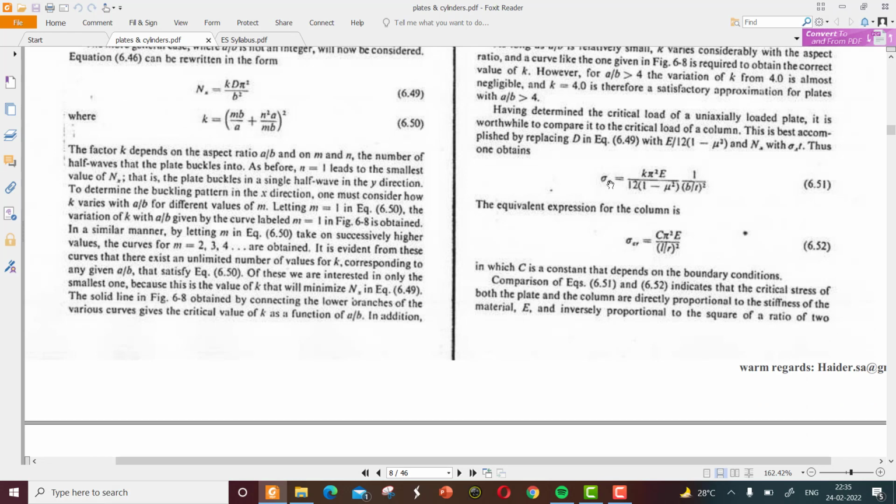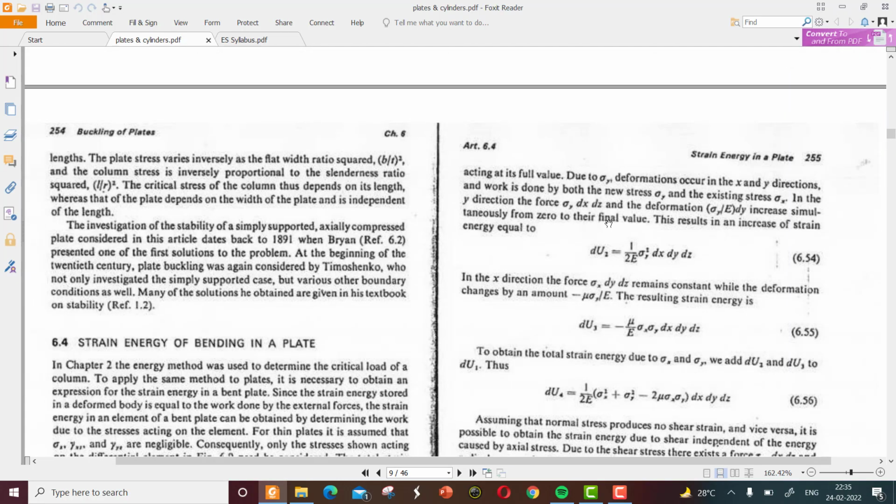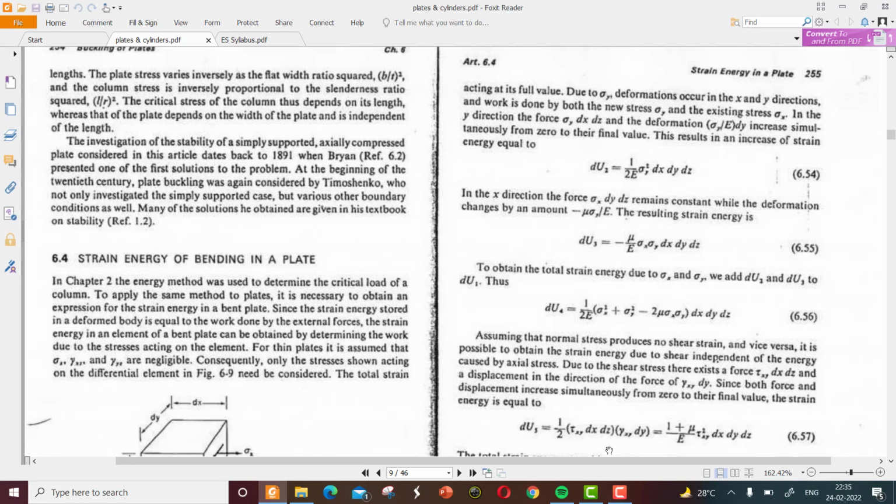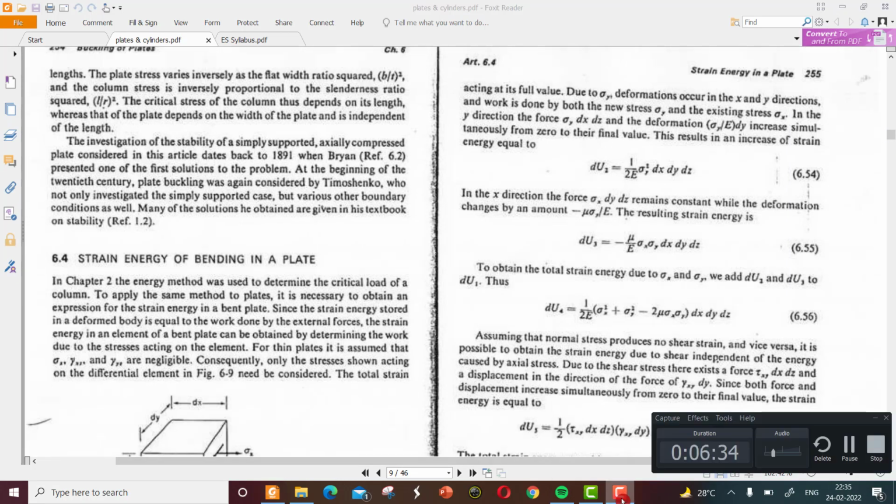So the plate buckling stress sigma will be given by k into π²E by 12(1 minus mu²) into (1 by (b/t)²), which is a well known plate buckling equation, similar to the case of column buckling having an axial load. So this is the derivation for finding the buckling stress for the plate with uniaxial loading.